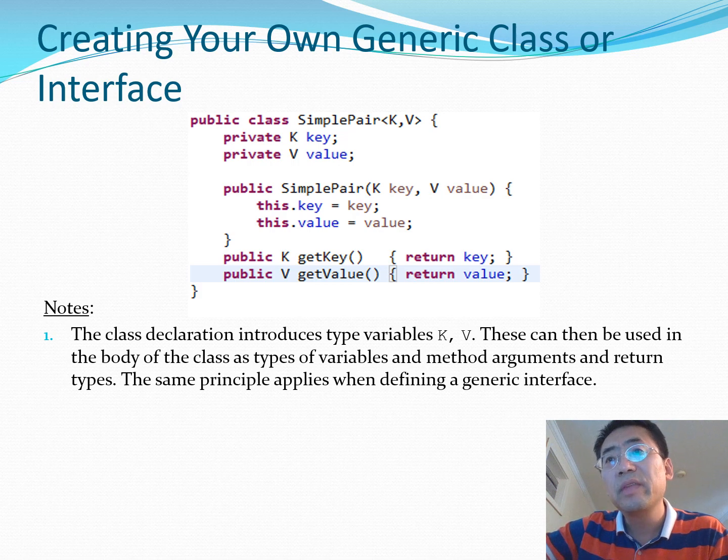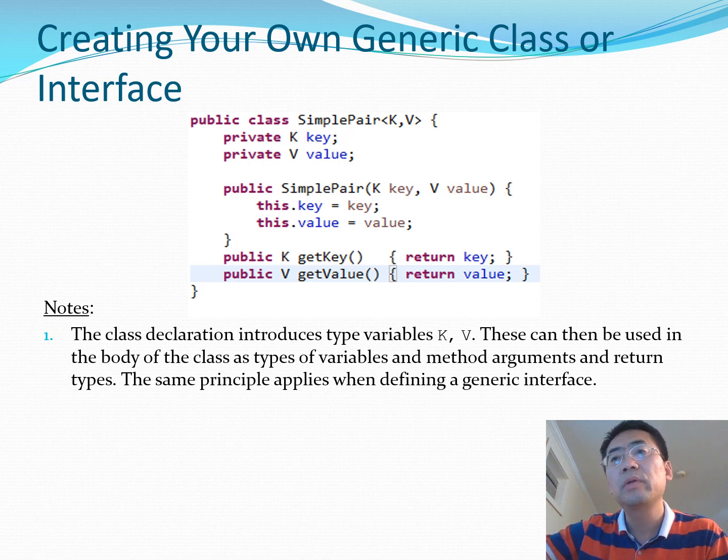For example, in this case, we are declaring class SimplePair with two type variables, K and V. So over here, key is of type K and value is of type V. These are just like attributes you would declare for any regular Java class. In the same way, you can write your constructors, and you can provide your getters and setters.